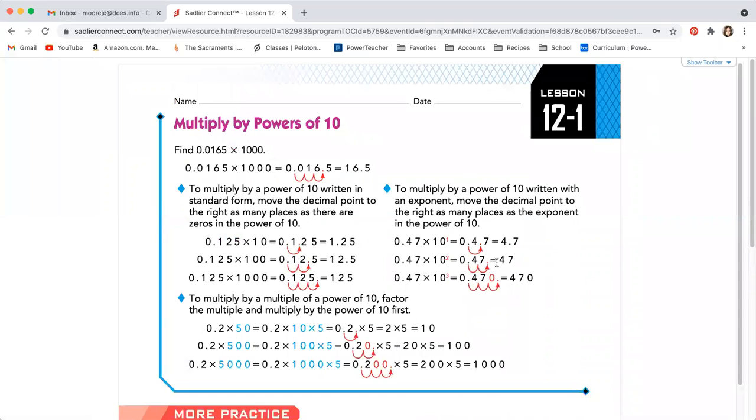So this should remind you a little bit of that bingo game that we played last week, where we practiced our place value understanding, where when you multiply times a power of 10, whether it's 10, 100, 1,000, a million, 10 billion, when you multiply times a number that has that format, the digits don't change. Their position just does.